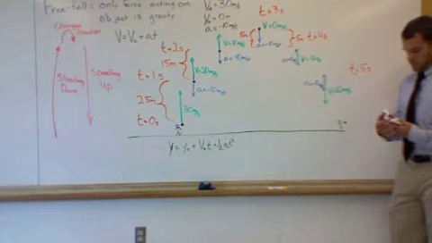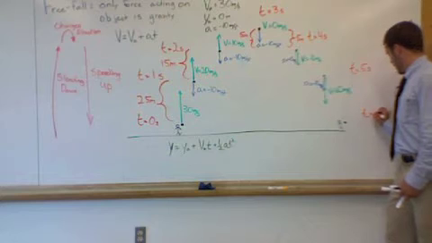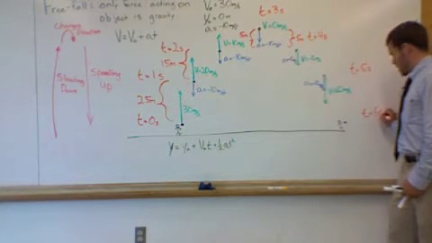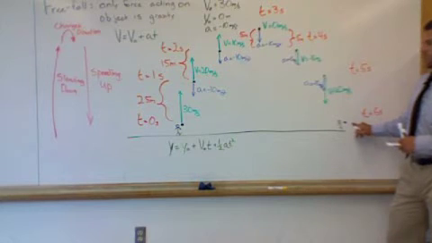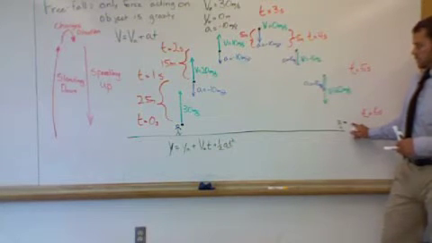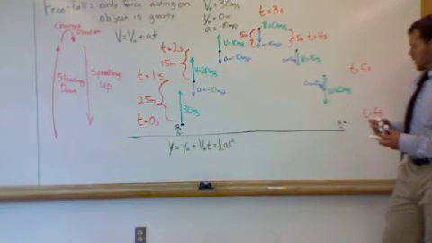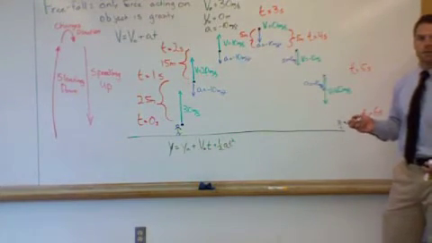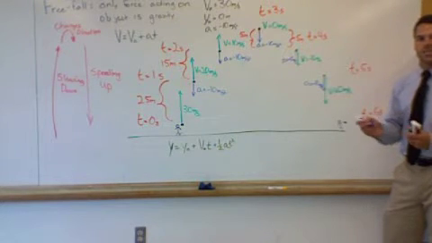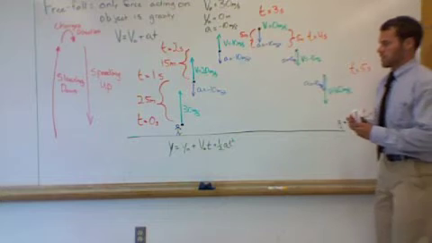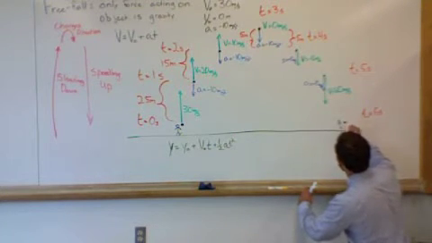Final position. Is that on the board? Excellent. We're back at the original height, same as over here. At this point, the velocity is going to be, well, let me start back with acceleration. Acceleration is the same, so we have an acceleration of negative 10 meters per second squared.